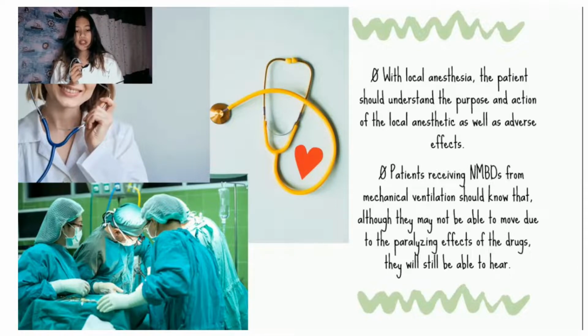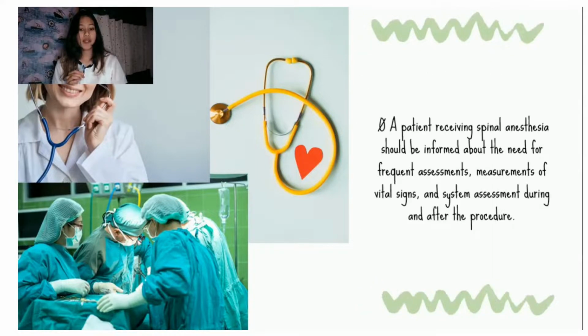That is why we nurses should inform and educate them thoroughly about the side effects that may occur while taking the drug, because being in this condition is extremely frightening. Lastly, for the patient who is receiving spinal anesthesia, they should be informed of the need for frequent and systematic assessments and measurement of vital signs during and after the procedure in order to monitor the complications that may occur.